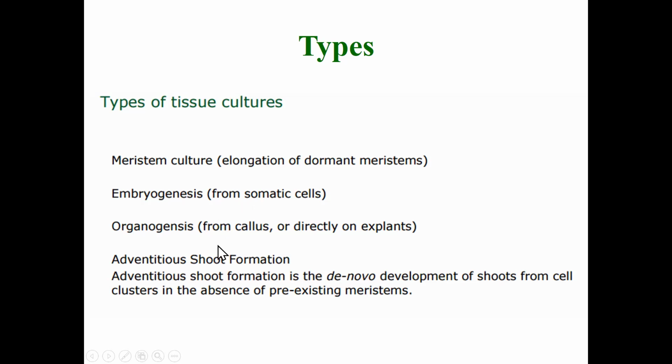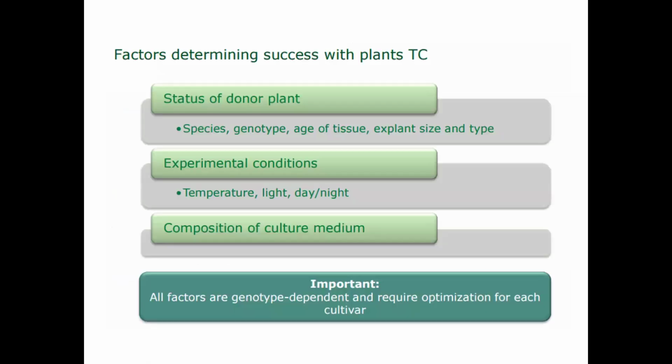So you can take the callus and get the plant. Adventitious shoot formation is de novo development of shoots from cell clusters in the absence of pre-existing meristems. Actually, first you will get the callus when you culture profusely, and then embryogenesis, organogenesis, and even rhizogenesis take place.